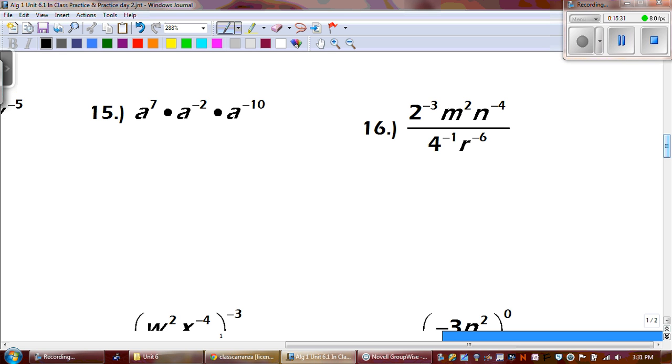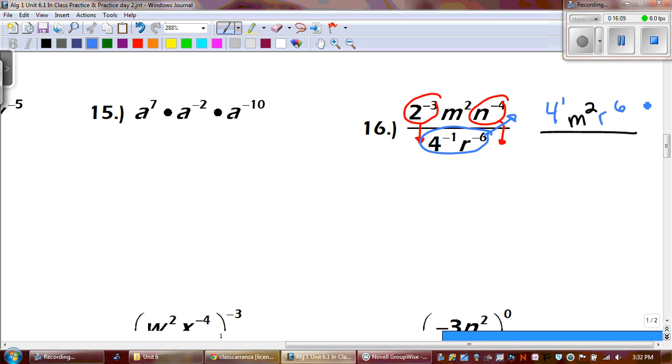Okay, number 16. Number 16 is going to be the last one that we cover. Okay? So this one, there's no distribution or anything, but we do have a lot of negative exponents. So if your exponent's negative, you drop it like it's hot. And we actually have 2 of those. And then if it's already on the bottom, you bring it to the top. All right? So on the top, we already had an m squared. We brought up 4 to the first power, and then an r to the 6th.